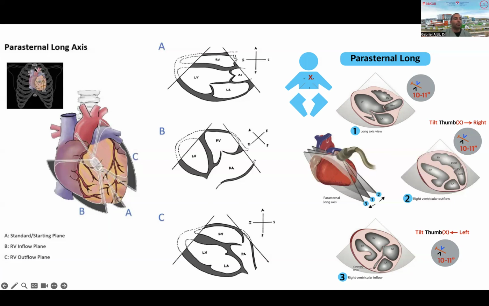Posterior is basically your spine versus your sternum. So that's what these arrows are telling you. So here you're in an axis where you're mostly anterior superior, and the back here is more the inferior posterior limbs. So that's what this is telling you.